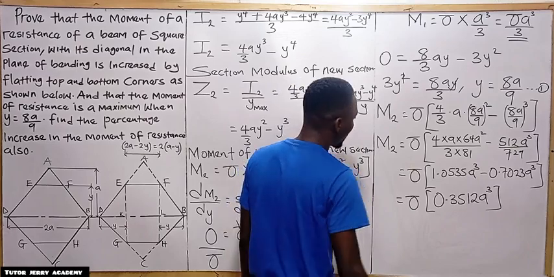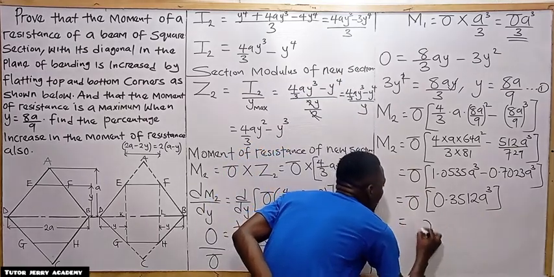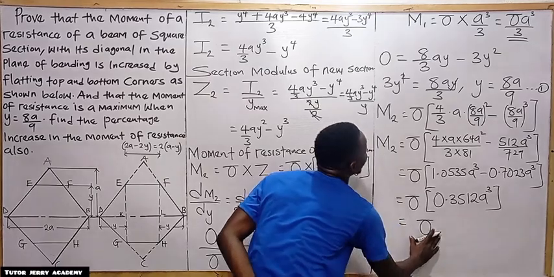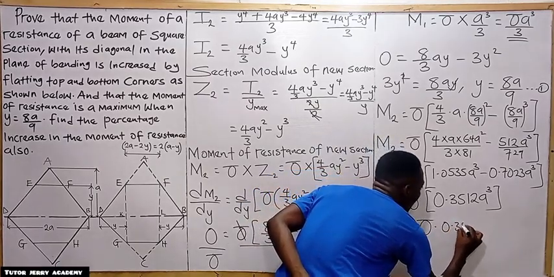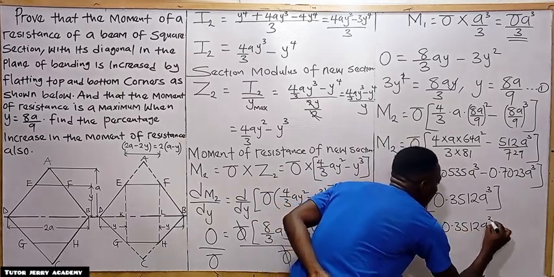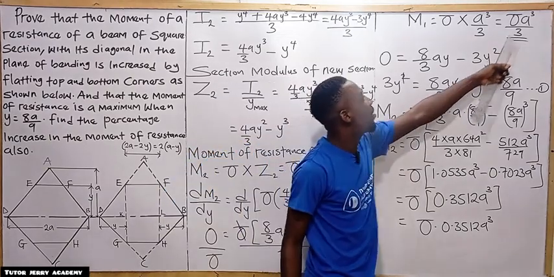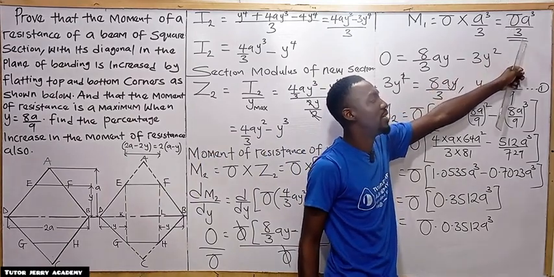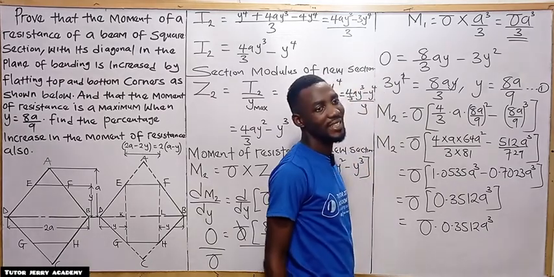All right. So here we are going to have stress multiplied by 0.3512 a to the power of 3. If you look at the value of our M1 here, you can write this value to be 1 divided by 3. 1 divided by 3 is going to give us 0.333.